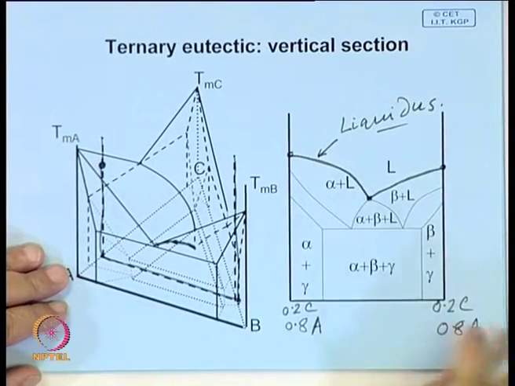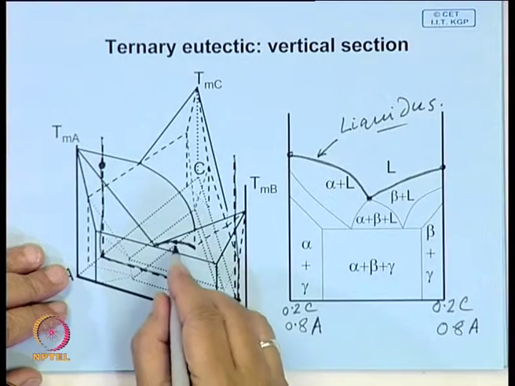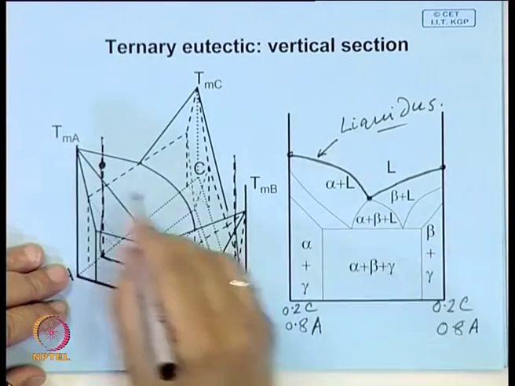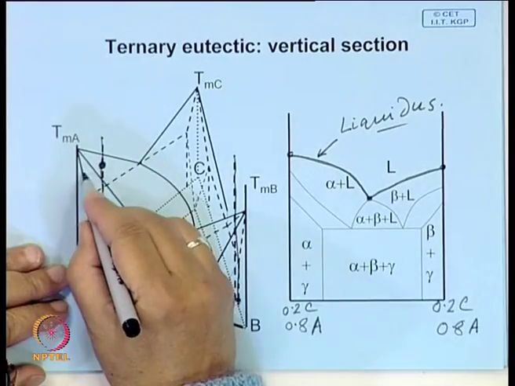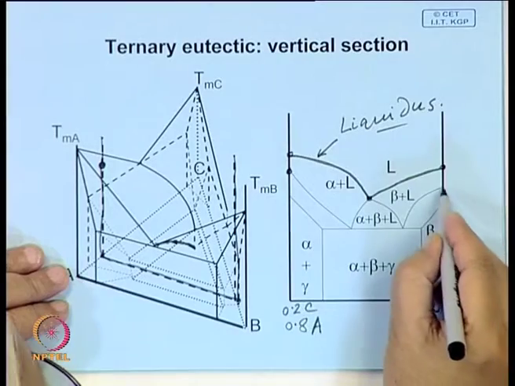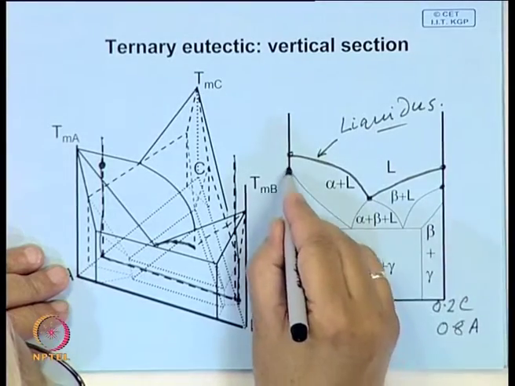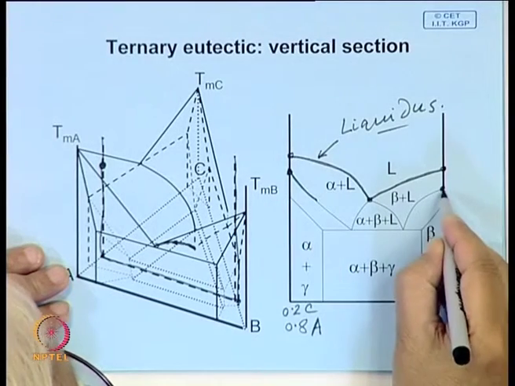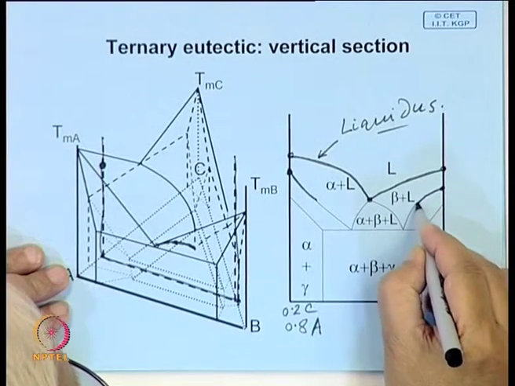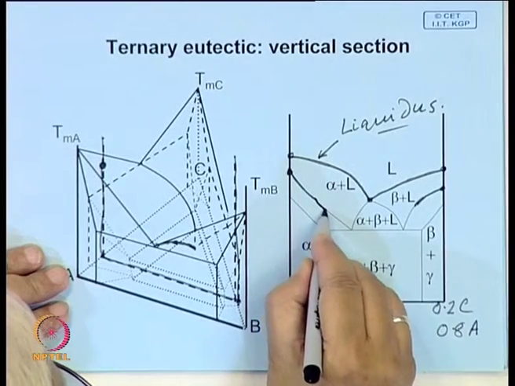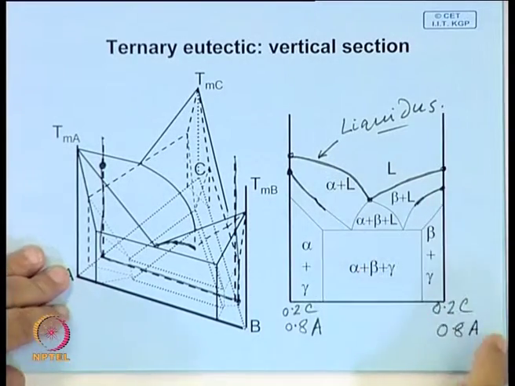Now, to understand what will happen beneath this temperature region, obviously there will also be a temperature here, it will intersect the solidus here, and this will be the curve which follows the intersection with the solidus surface.